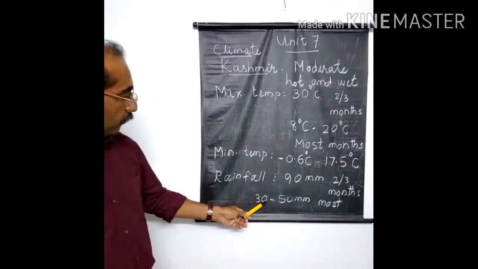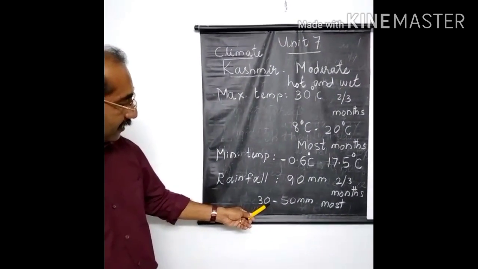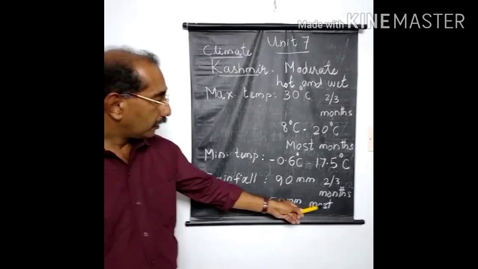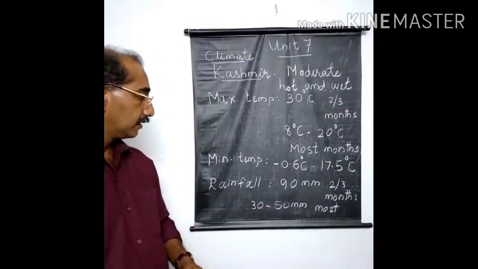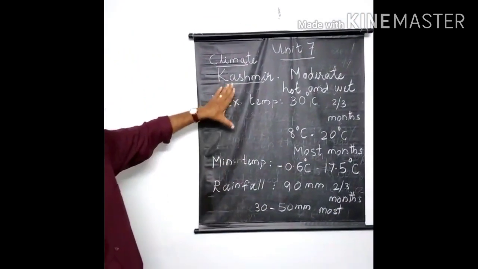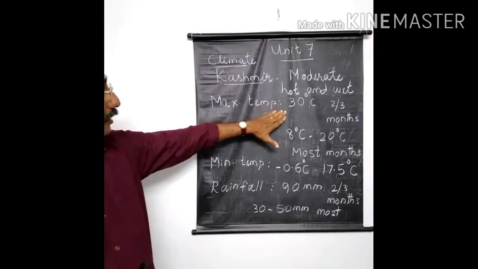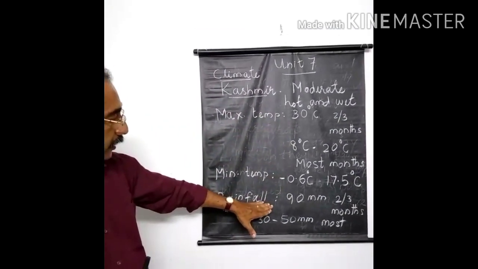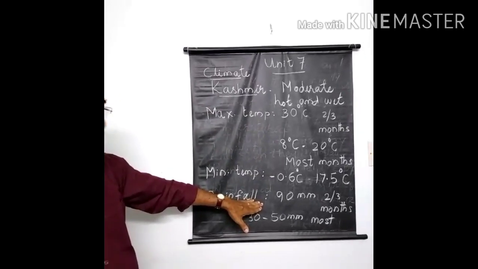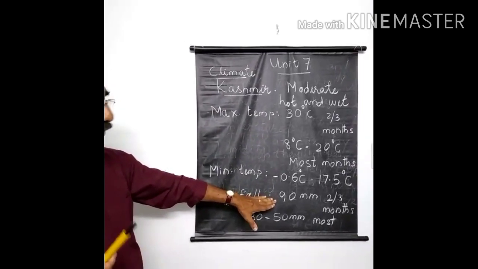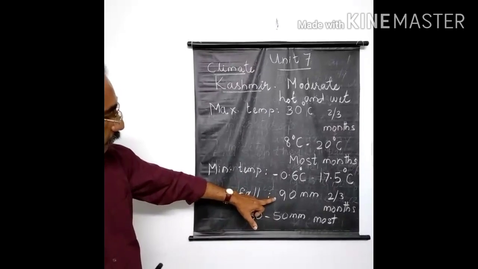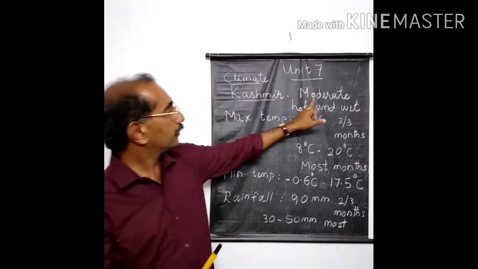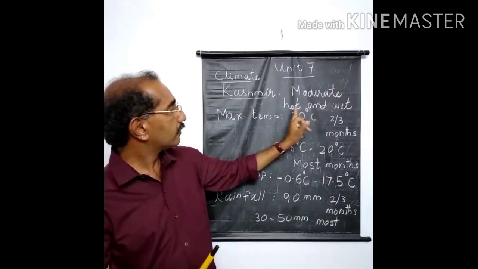And very low rainfall, 30 to 50 millimeters monthly, is available in most of the months. That means in Kashmir temperature is not so high, and Kashmir doesn't get plenty of rainfall, not too less but not too high also. That means the climate in Kashmir can be called moderate hot and wet.